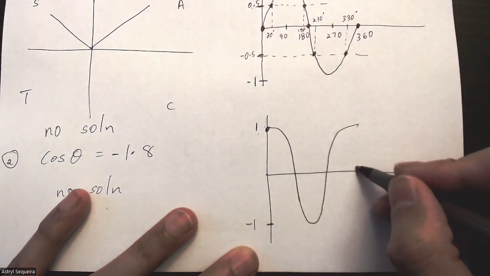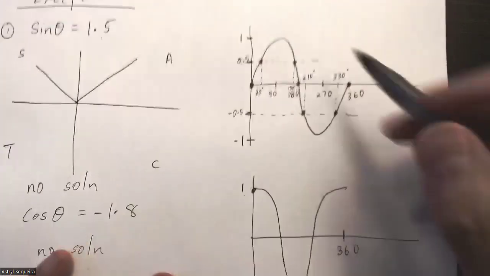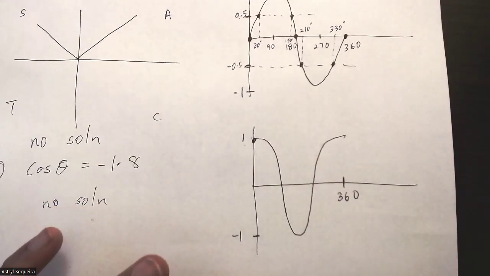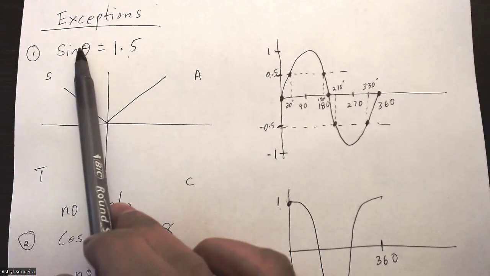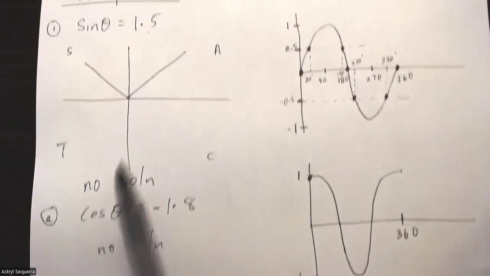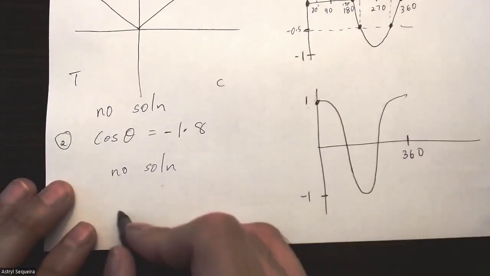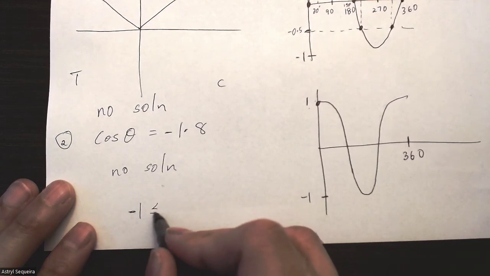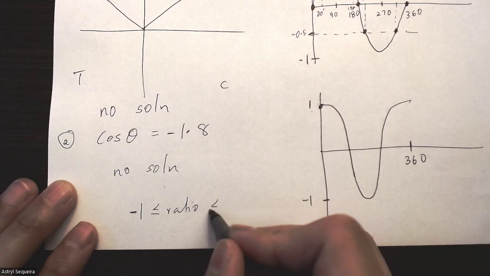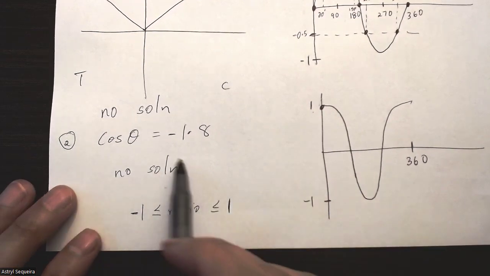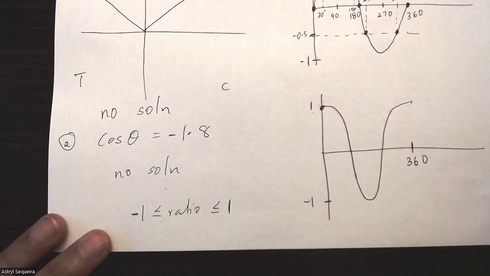This is a cos graph between 0 and 360, similar to a sine graph, but it's just slightly shifted. So for sine and cos, your ratios have to be between -1 and +1. Otherwise, there's no solution to the question.